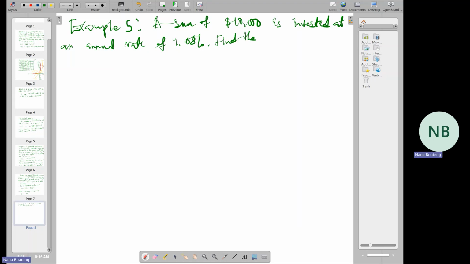Find the balance in the account after 5 years, subject to quarterly compounding.